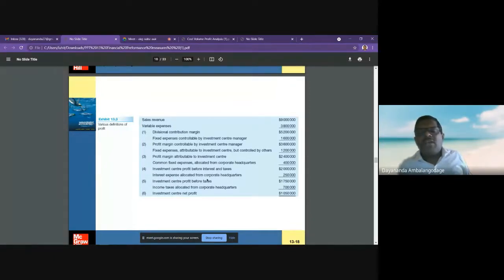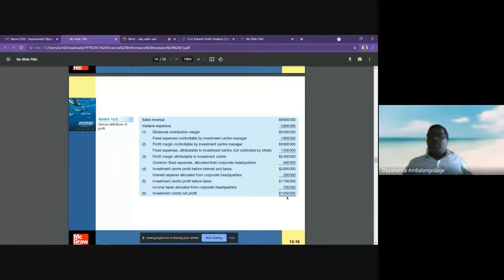Then interest expenses allocated from headquarters, you deduct, and you get the investment center profit before tax. Then you deduct the tax. Then you get the investment center profit.